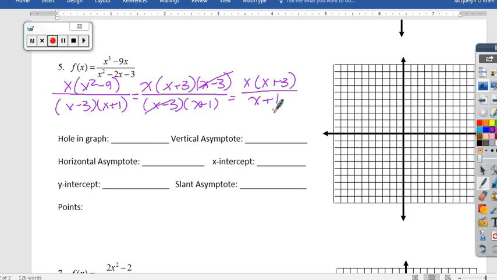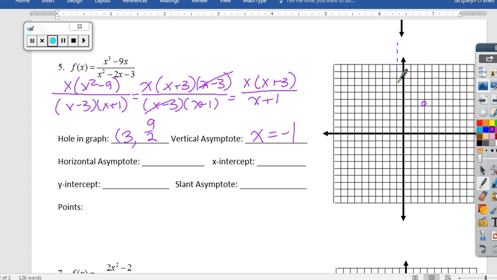The hole in the graph is going to come from an x coordinate of 3. When I plug 3 back in over to all these x's, we wind up with 9/2. So we're looking at 3 and 4.5. So there's a hole sitting there. The vertical asymptote comes from whatever is going to drive the denominator to 0.